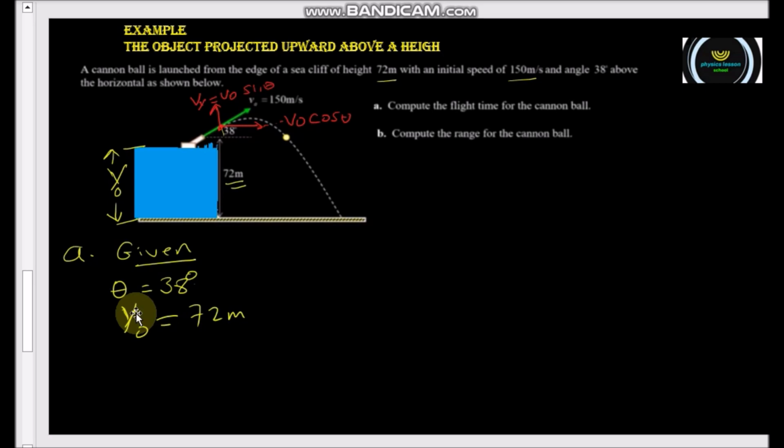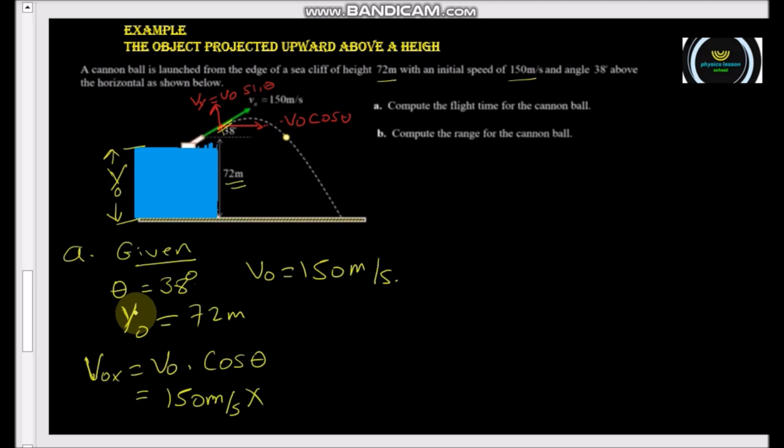Now we can evaluate the value of the velocity across the horizontal. V naught x is equal to v naught times cos theta. The object is already launched with this speed, so v naught is equal to 150 meters per second. So 150 meters per second times cos 38 degrees.